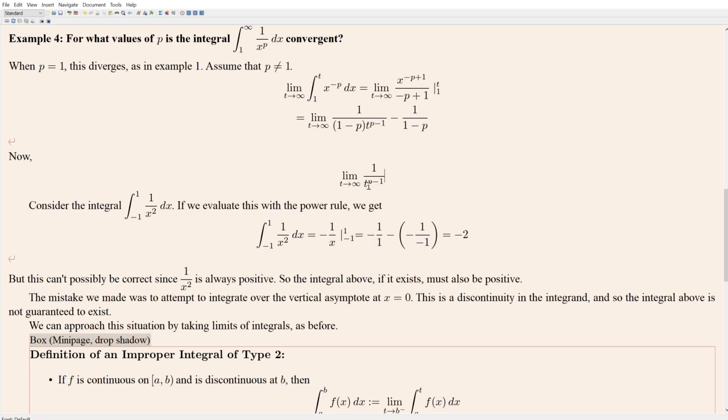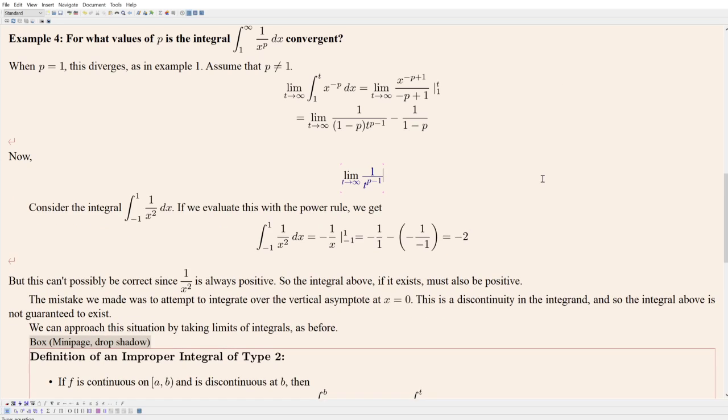If this on the bottom goes to 0, then this is all going to go to infinity. So it depends on what the sign of this power is. Because if this power is positive, then okay, we've got a reciprocal, and so the whole thing goes to 0. If this power is negative, then actually we have to flip it upside down, and then the whole thing explodes to positive infinity. So we've got cases.